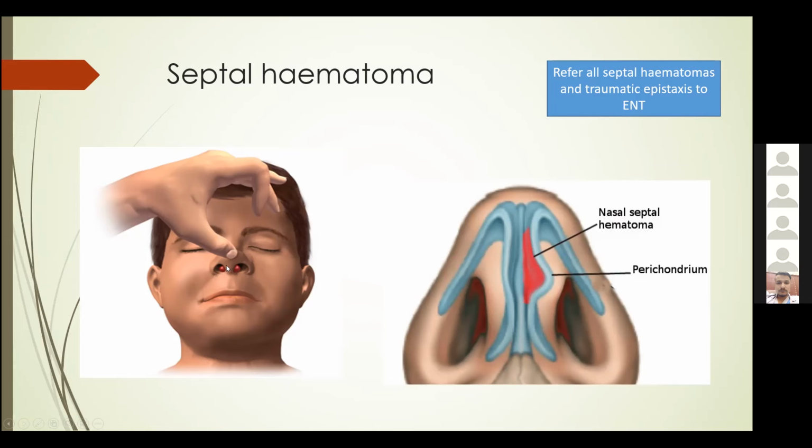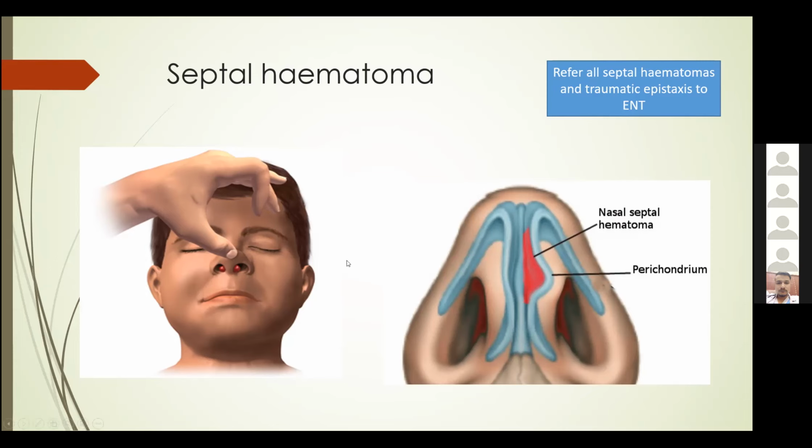And once you've seen that, if a patient is coming to A&E with traumatic epistaxis, please make sure you don't discharge this patient. Call ENT, refer to ENT, because if you don't do this, this patient's nose is going to collapse, and they're also going to get sepsis that could spread through the cavernous sinus.